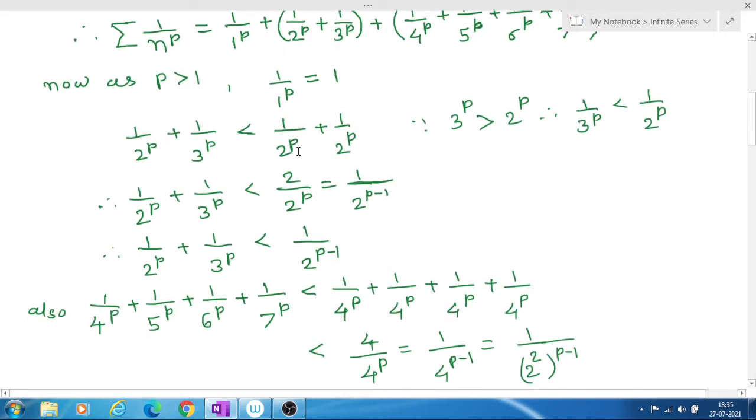If we add this, the LCM is 2 raised to p, and 1 plus 1 becomes 2. Therefore 2 upon 2 raised to p, dividing by 2, is 1 upon 2 raised to p minus 1. Therefore 1 upon 2 raised to p plus 1 upon 3 raised to p is less than 1 upon 2 raised to p minus 1.